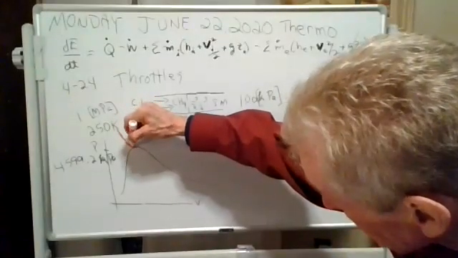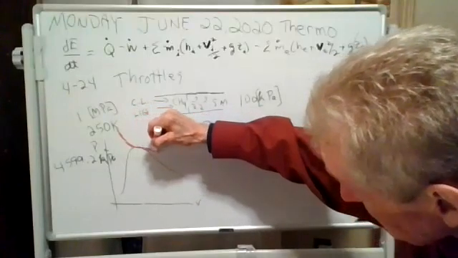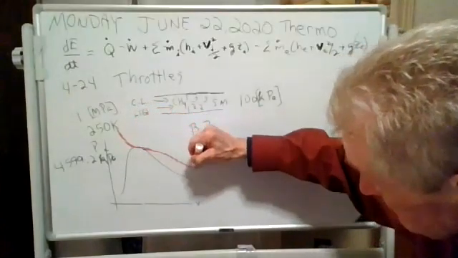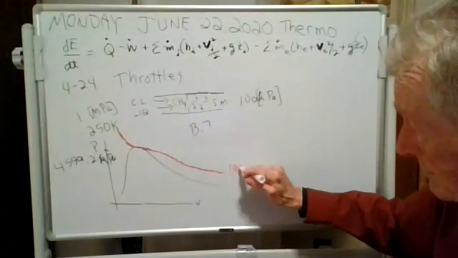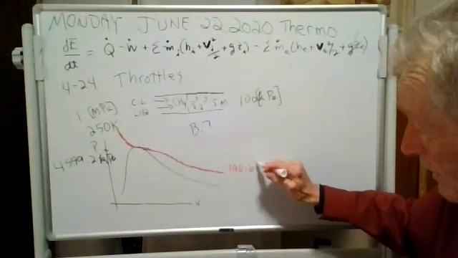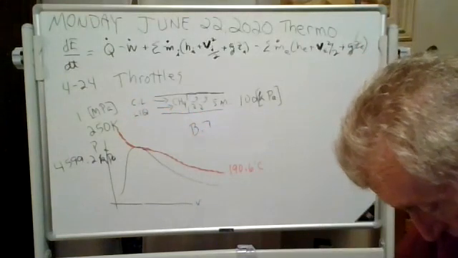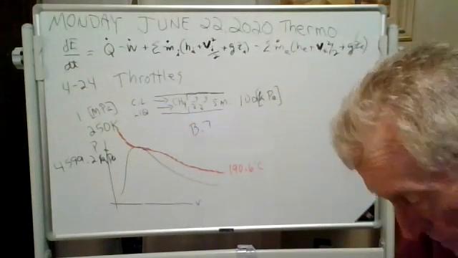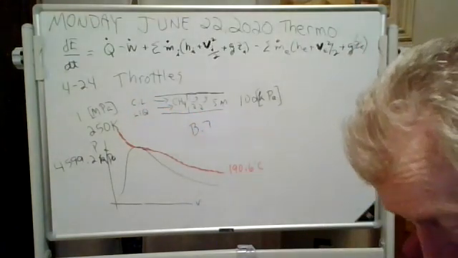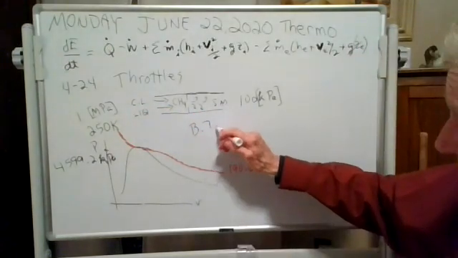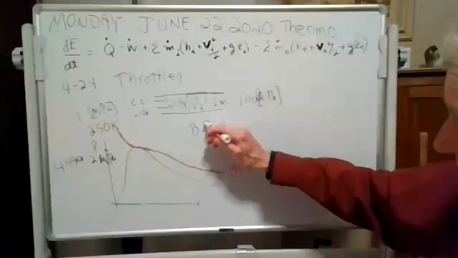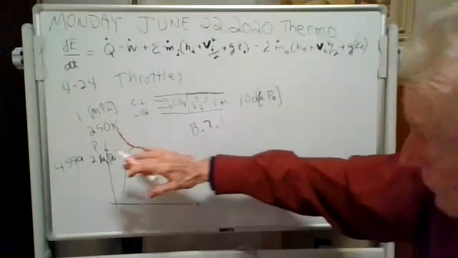It's called the critical isotherm. It's 190.6 degrees Celsius. I found that on table B.7.1. See if you can find that.